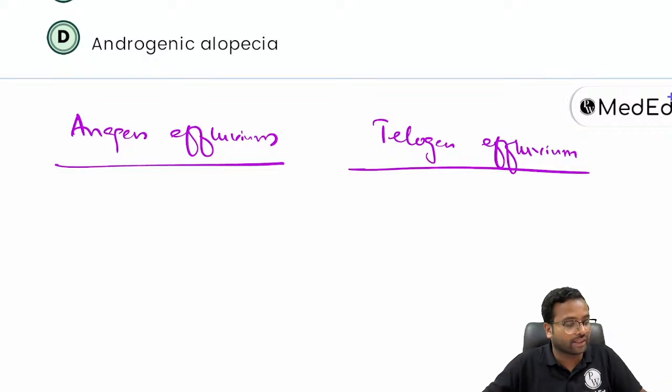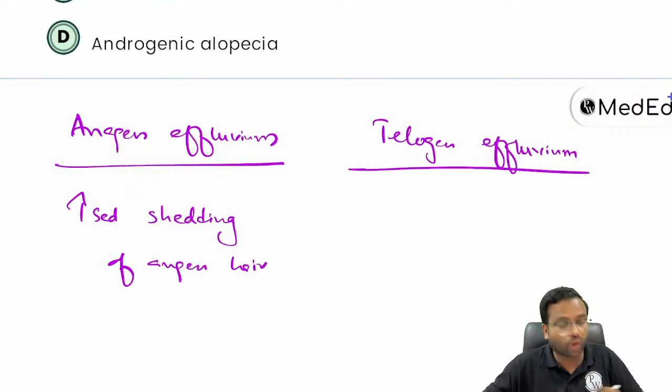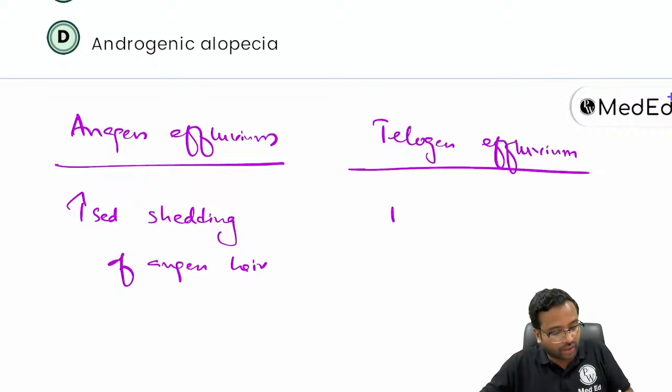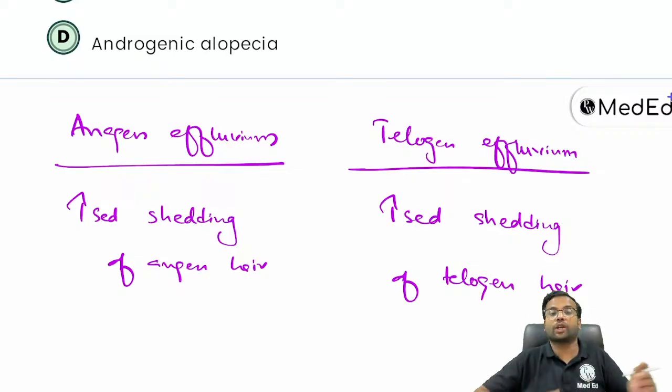Whenever there is increased shedding of anagen hair, that is called anagen effluvium, and whenever there is increased shedding of telogen hair, we call it telogen effluvium.